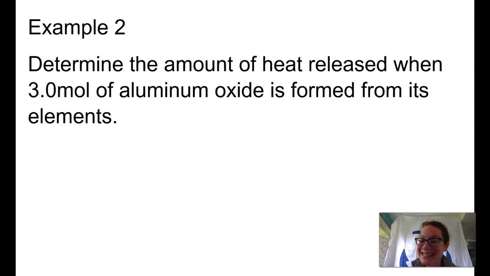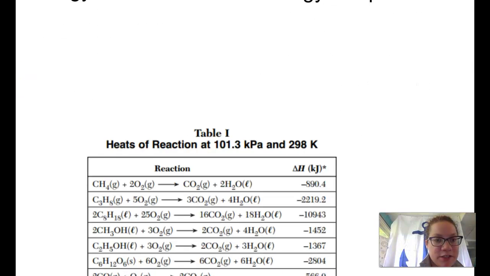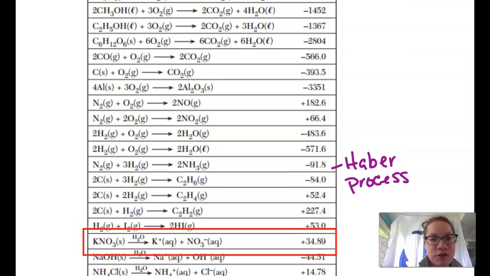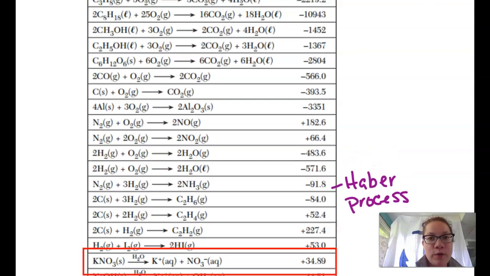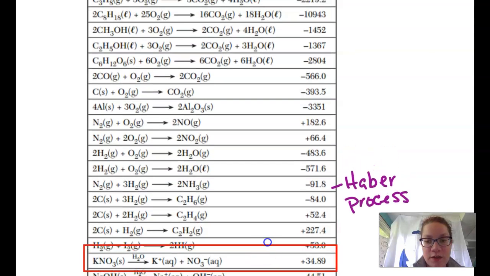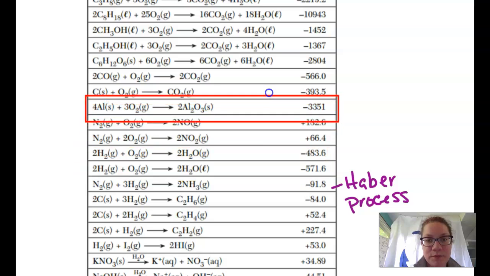You got it, it's a synthesis reaction. So find where the synthesis reactions are on table I, and then find the reaction where aluminum oxide is formed from its elements. All right, great. So now that you have it, I'm just going to peek back here at my table I for us so that I can show you on my screen that we're going to be recording this reaction.